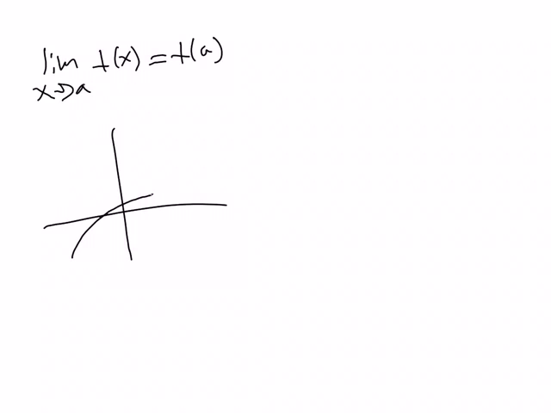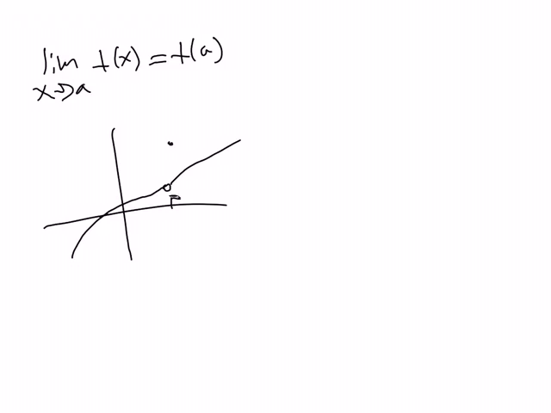A function is continuous at a number a. This is on page 97 in the book. If the limit as x goes to a of f of x equals f of a, meaning you don't want a function to do something like this.